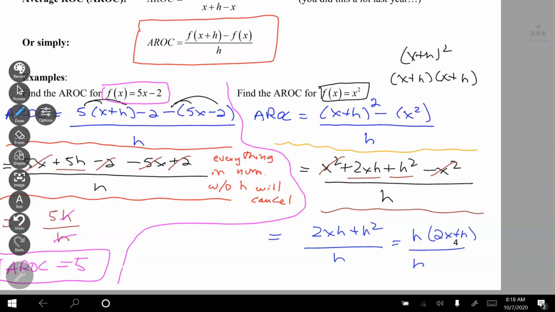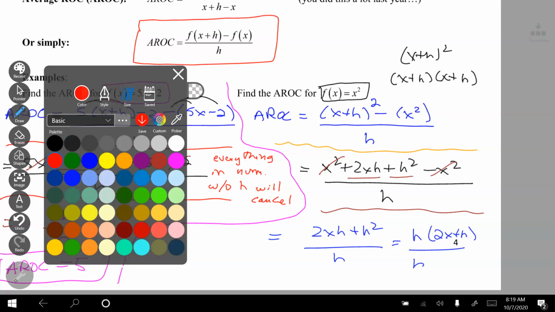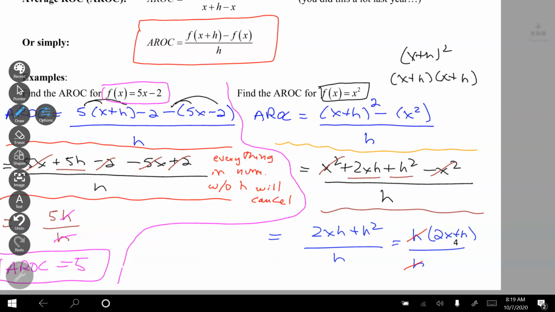Or, so these h's cancel, I get my average rate of change is equal to 2x plus h. Or you could see that this h has to cancel out one h on every term. So this one h cancels out one h here, and it cancels out the one h here and turns it into a 1. I get the same results right here.